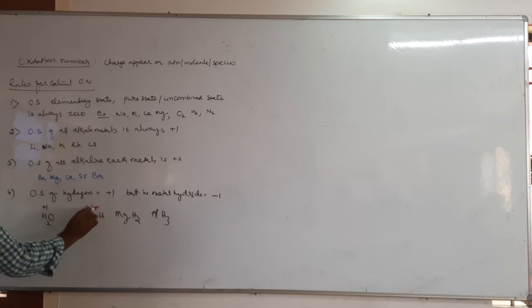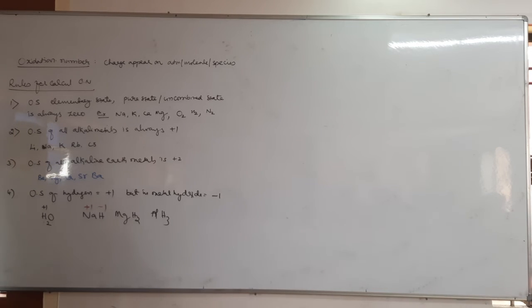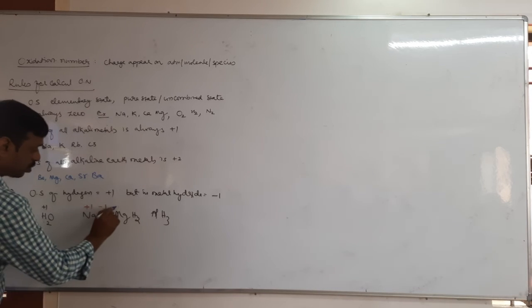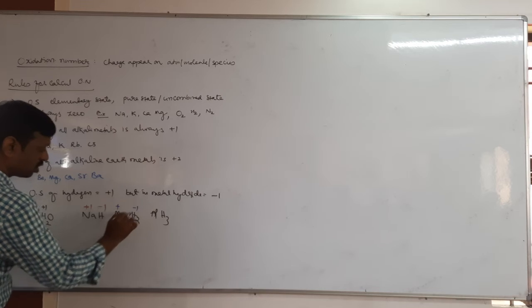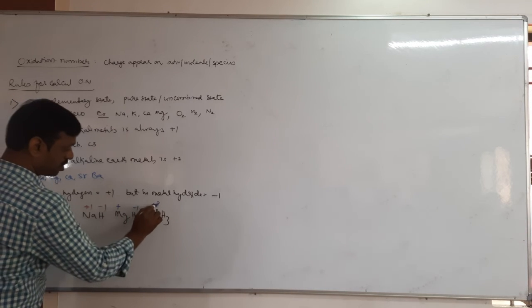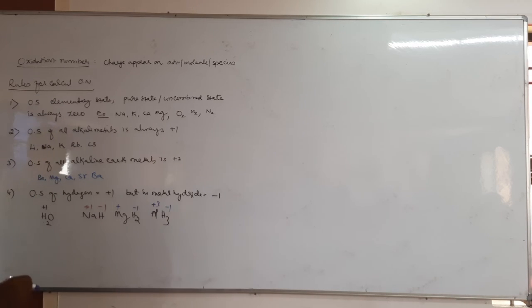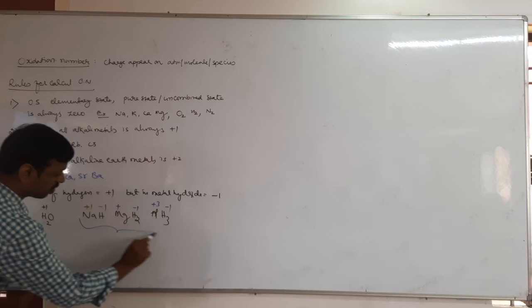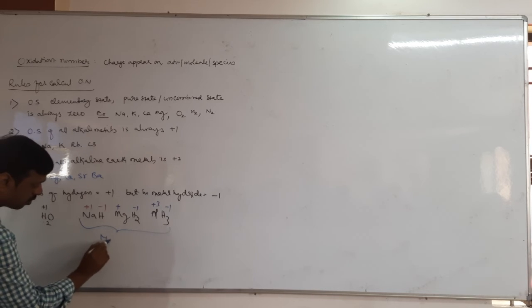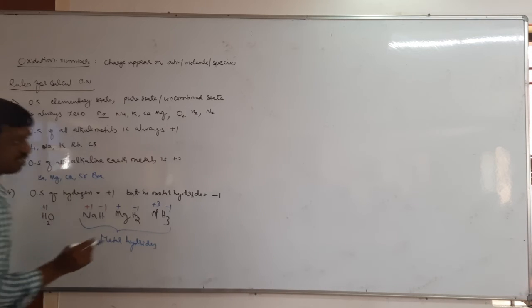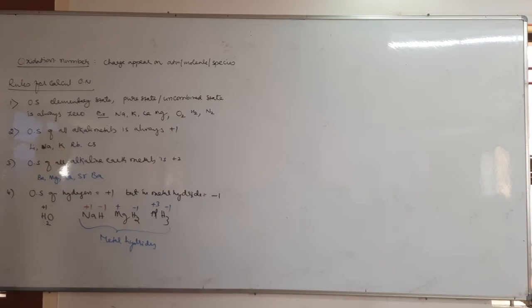If sodium is +1, hydrogen should be -1. It is inevitable. Here magnesium is +2, so the two hydrogens are -2, one hydrogen is -1. For aluminium it is +3, so 3 hydrogens -3, 1 hydrogen -1. Therefore only in case of metal hydride it is -1, otherwise in all the cases hydrogen is +1.